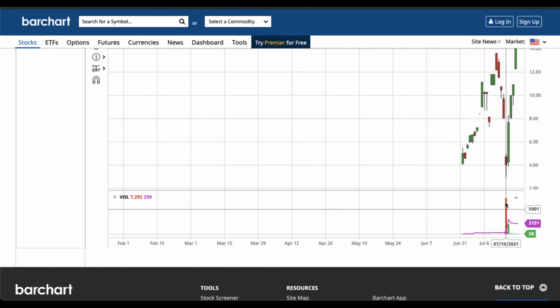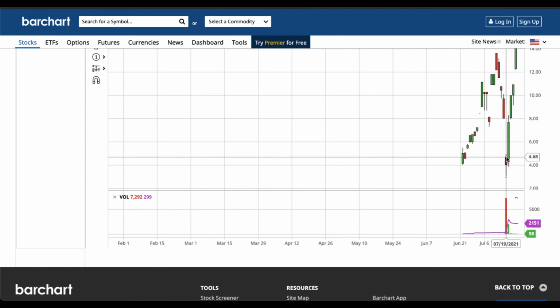Look at the volume right down here. You have volume way down here, really low, and on that day everybody was buying call options on SPY. For this one, they were paying $4 for it, and these are ones that expired the next week, so it would have been a lot cheaper.